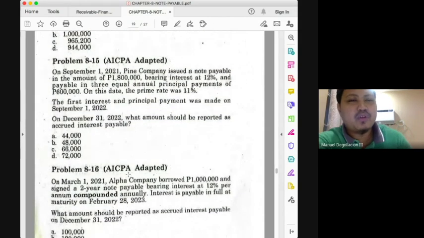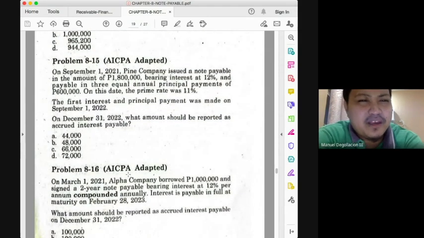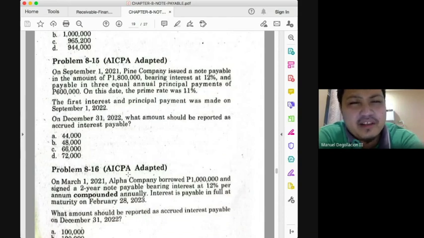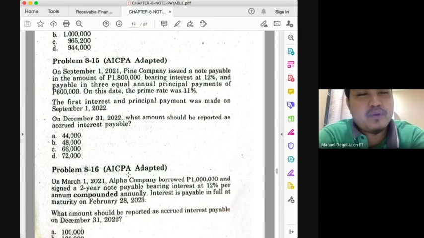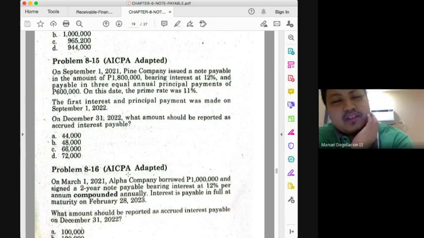8-15, on September 1, 2021, Pine Company issued a note payable in the amount of 1,800,000 bearing interest at 12% and payable in 3 equal annual principal payments of 600,000. On this date, the prime rate was 11%. The first interest and principal payment was made on September 1, 2022. On December 31, 2022, what amount should be reported as accrued interest payable?